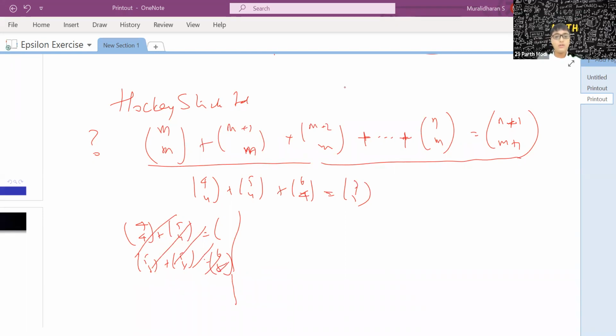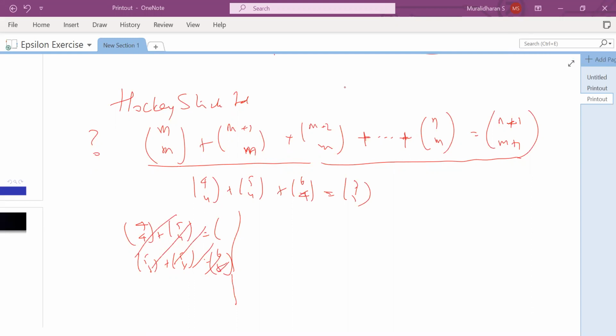Using combinatorics, if we take LHS equal to RHS, then on the LHS we get m factorial upon m factorial 0 factorial, so it becomes 1, and then m plus 1 factorial upon m factorial into 1 factorial, which is m plus 1.